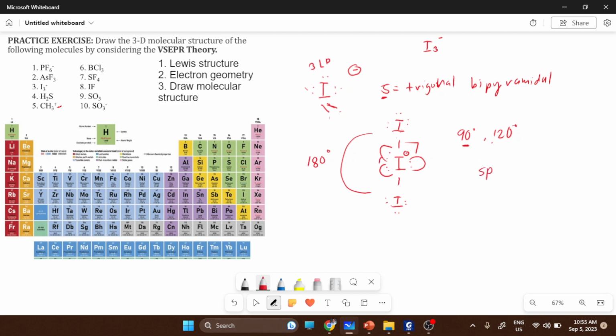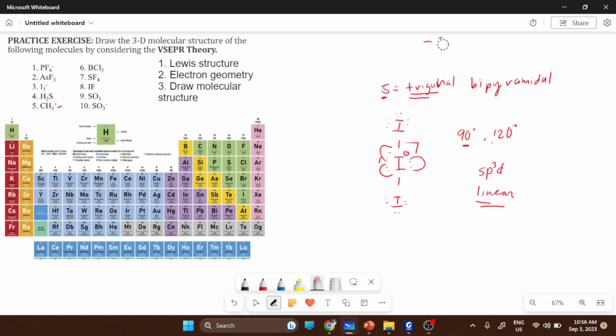Hybridization is sp3d because the central atom contains 5 bonding domains. Remember, lone pair is considered as bonding domains when you are writing the hybridization. And ang shape niya, of course, is linear. Okay? Molecular shape is linear, but the electron geometry is trigonal bipyramidal. So that's it.